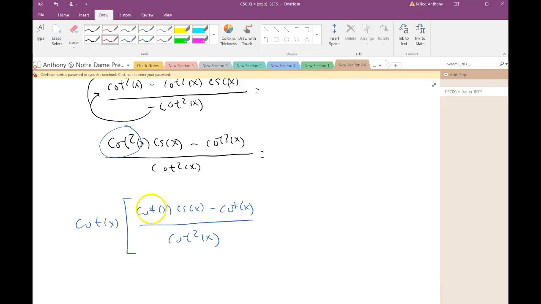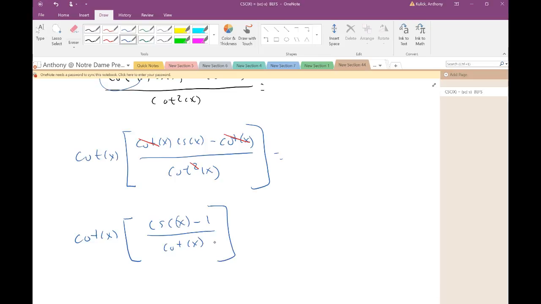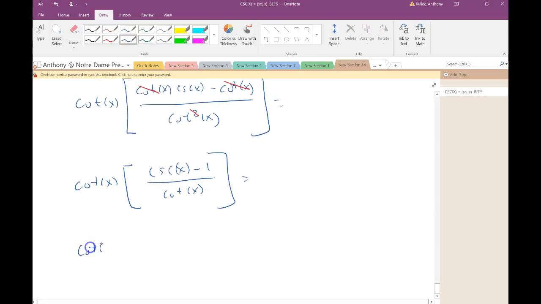I notice that I have cotangent in each of these, so maybe I do that. And now I'm going to write these as two separate fractions.